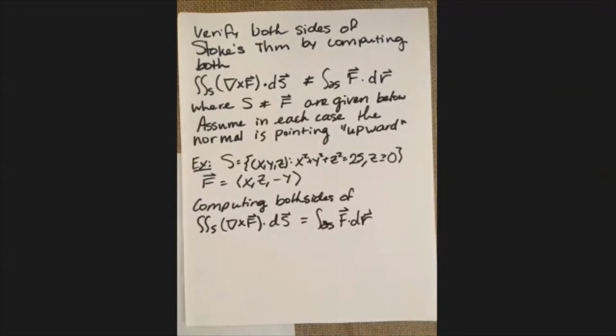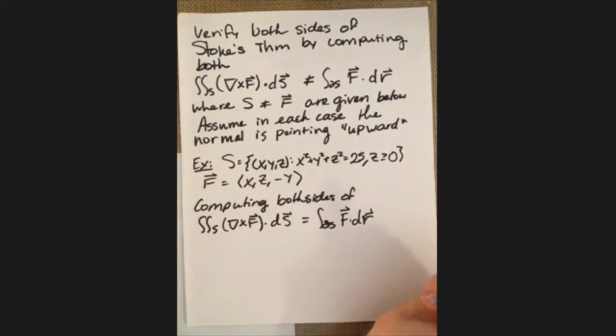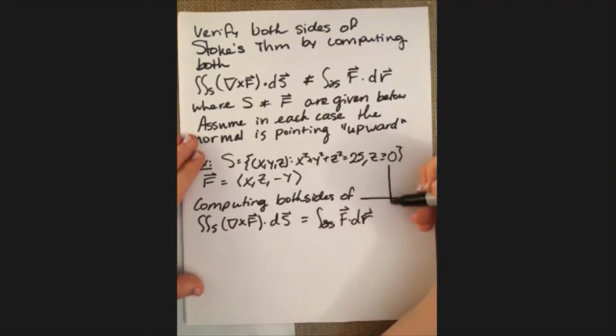Okay, before I go too far into this, let's take a look at what our surface actually is and talk a little bit about the orientation on this thing. So here's our picture.